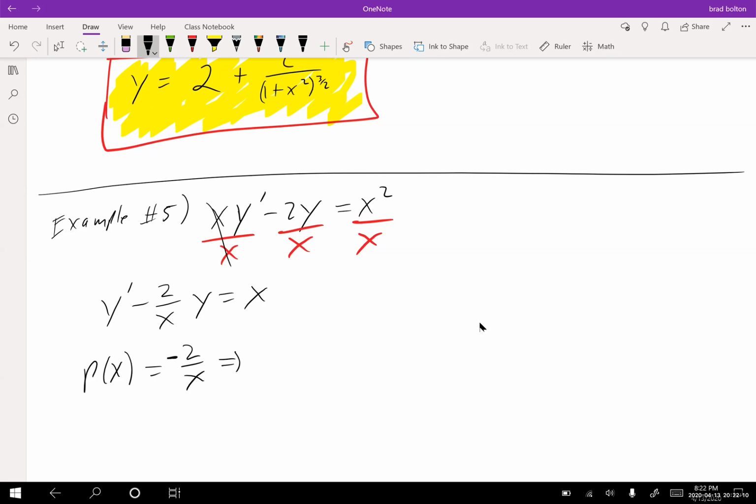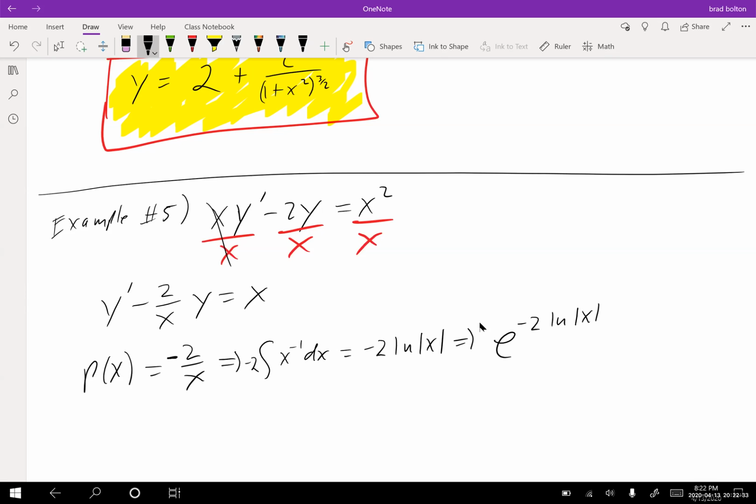Then when we integrate this, we take the integral of negative 2 times x to the negative 1 dx, which is negative 2 ln of the absolute value of x. Now remember, we're then going to do e to this integral, e to the negative 2 ln of the absolute value of x.